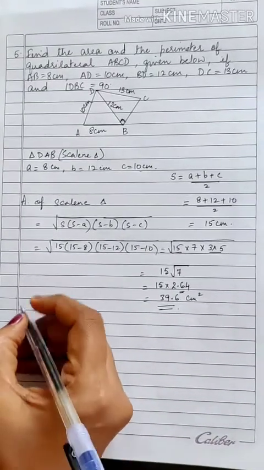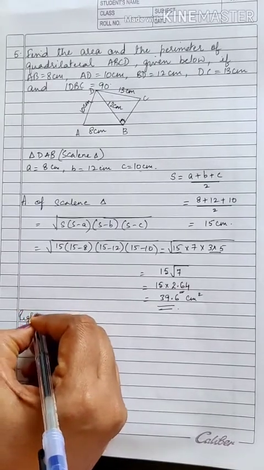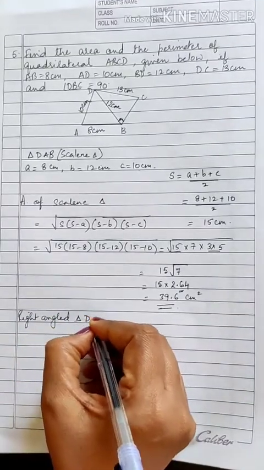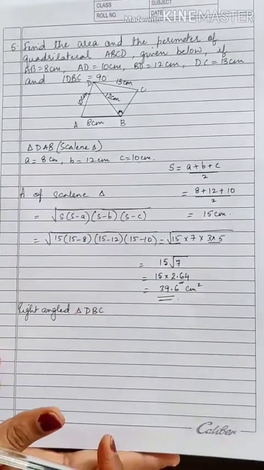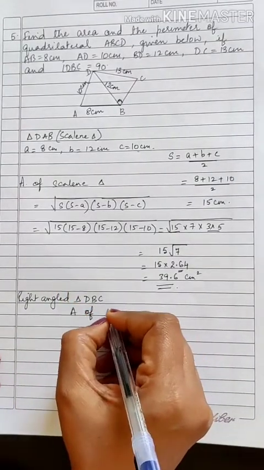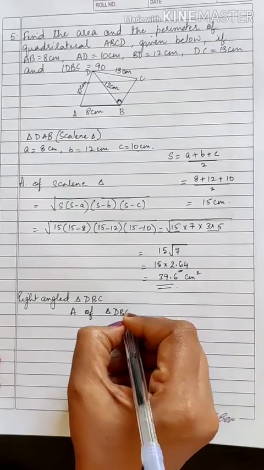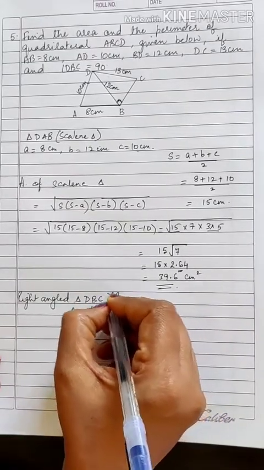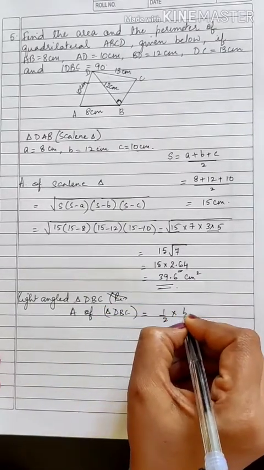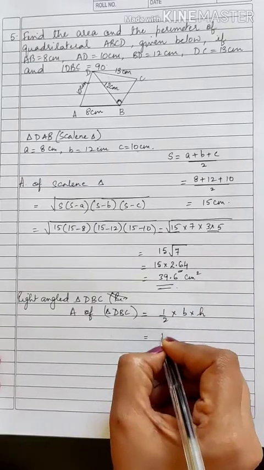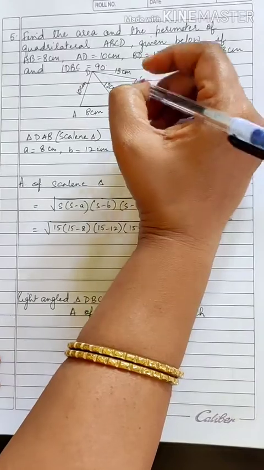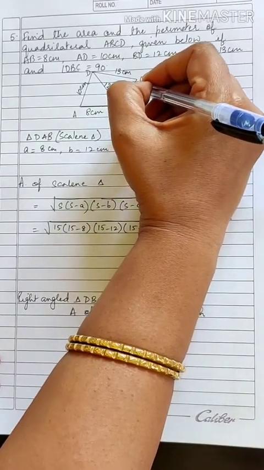Now the next triangle is your right angled triangle DBC. You know the area of a right angle triangle, area of triangle DBC. Now you mention here this is a right angle triangle, which will give you half into base into height. So half into the base, BC, is given as 5 centimeter.